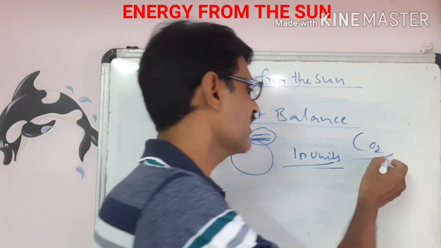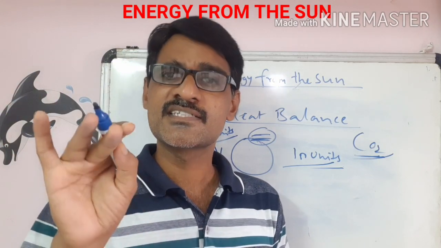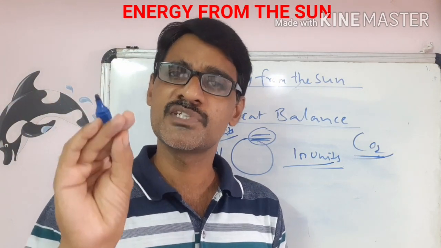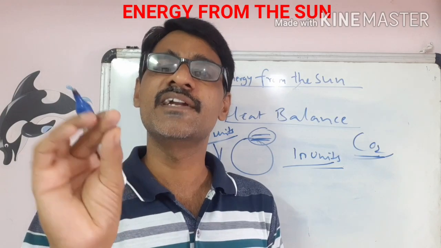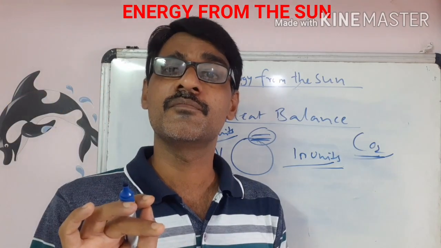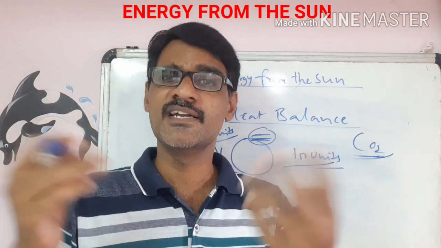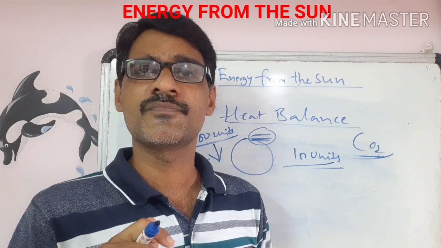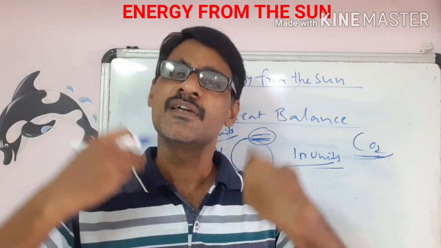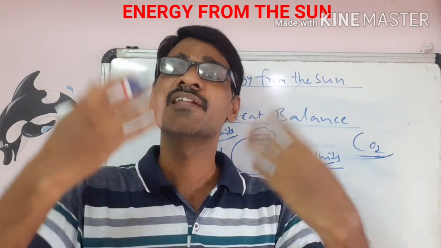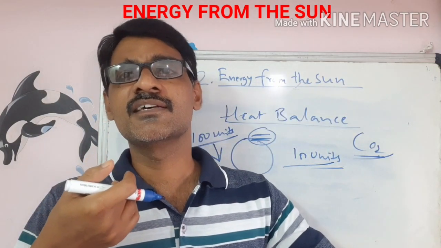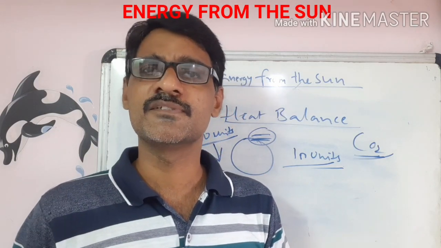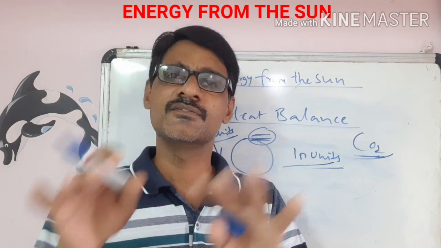This carbon dioxide layer obstructs the terrestrial radiation somewhat. Some portion of the energy is retained for some time. Of course, 100% will be released after some time. After that time, it is released fully. And again the next day, the earth is receiving the solar energy from the sun. Automatically, it warms up the earth's surface. So this is the process that is going on.